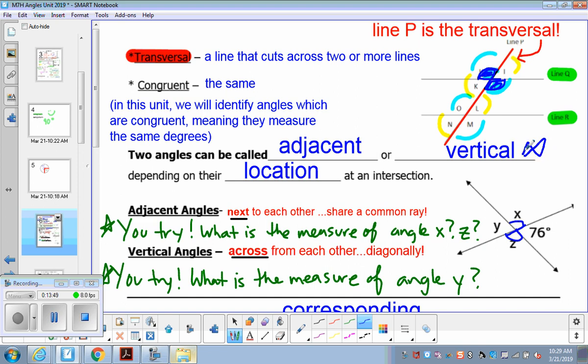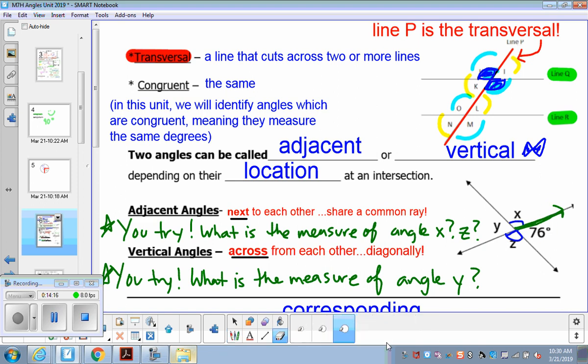So the vertical angles make the bow tie looking thing, and adjacent ones are right next to each other. Adjacent means that they're going to share a ray. So angle X and angle 76 here share that green ray. I'd have to trace that green side if I was tracing angle X, and I'd have to trace it again if I was tracing angle 76. That means that they're adjacent, okay?